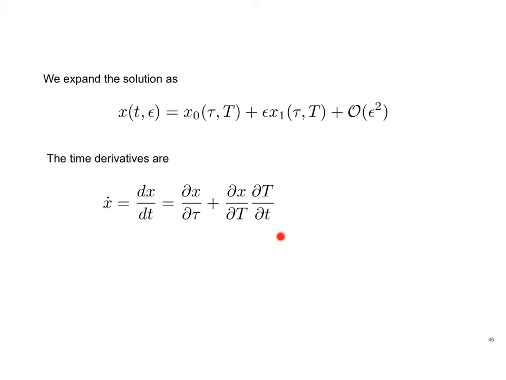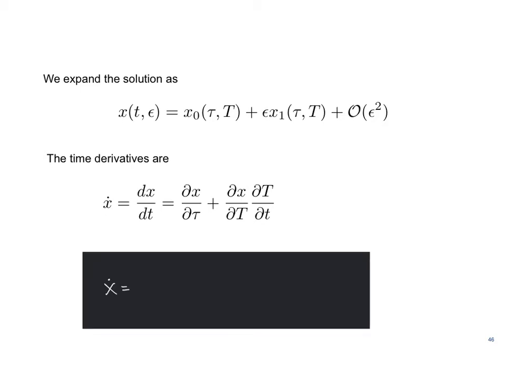You can see that we just applied the chain rule: the x d tau over dt plus the x d capital T over dt.